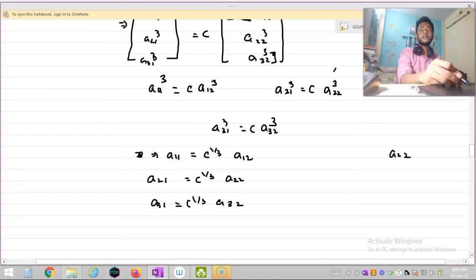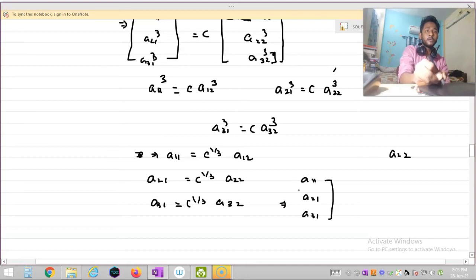As C is a real number, C to the power 1/3 has a real root, so there exists at least one real number. So A11, A21, A31 is equal to C to the power 1/3 into A12, A22, A32.